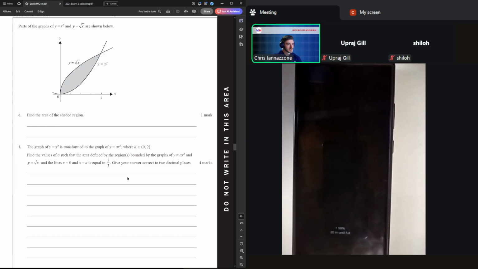We got x squared and root x. Find the area of the shaded region. Fairly standard question.